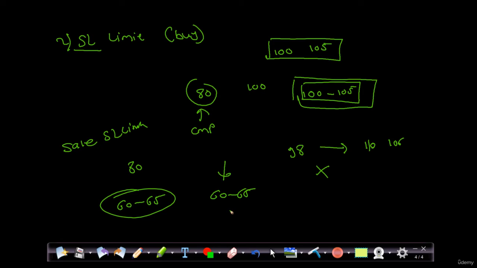But the disadvantage here is, if the market directly jumps from 68 or 66 to 58 or 55, it will not see this range. That means this stop loss limit order will not trigger, and unnecessarily you will face some extra losses. But this is a very rare case.